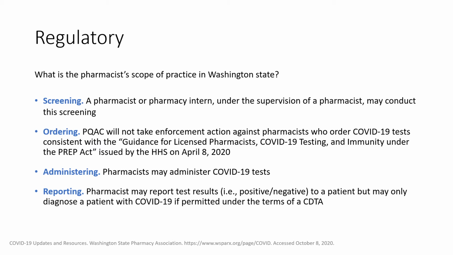This allowed for pharmacists to qualify as covered persons under the PREP Act so that they may receive immunity with respect to all claims for loss caused by, arising out of, relating to, or resulting from the administration or use of FDA-authorized COVID-19 tests. This is important because all currently available COVID-19 tests have been issued an emergency use authorization, or EUA, by the Food and Drug Administration, which means they have not received a full FDA review or approval.